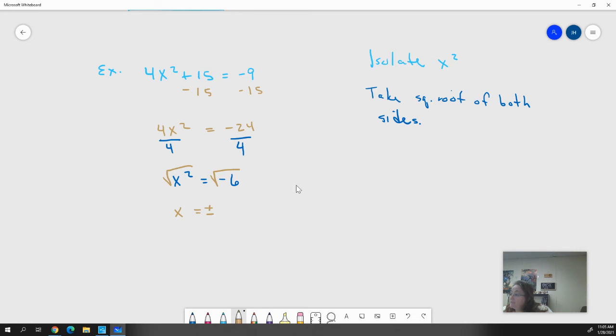And in this case, the negative I know comes out as an i. And if you look at 6, if we break it down, 6 is just 2 times 3, and those are prime numbers. So we really can't pull anything out of there. There's no pairs. There's no perfect squares. So that 6 is just going to have to stay underneath the radical.